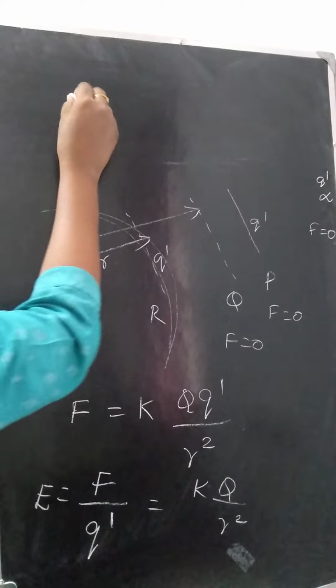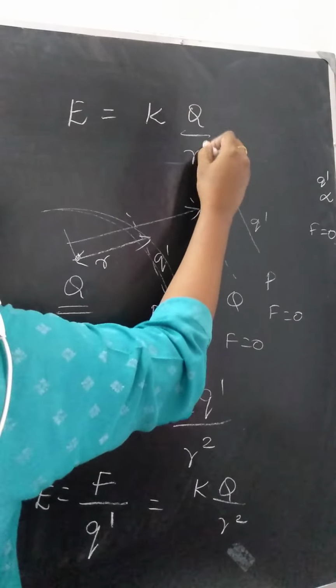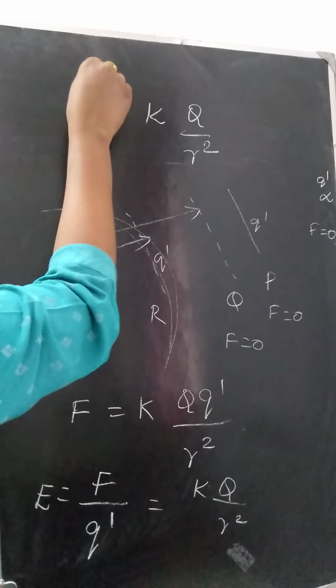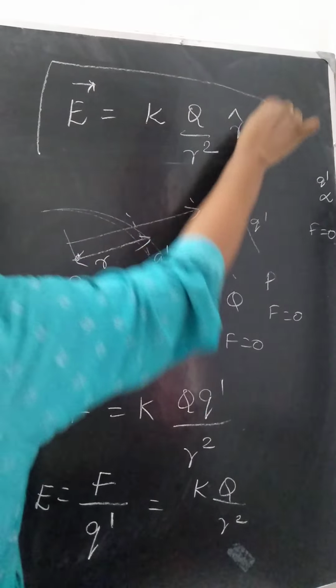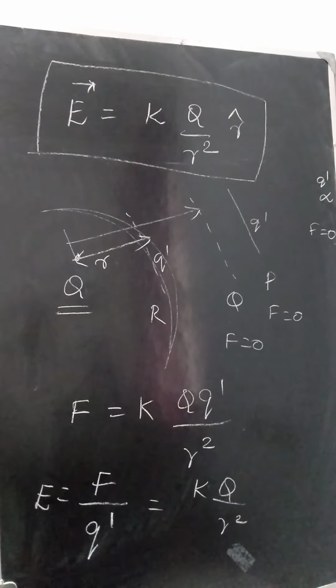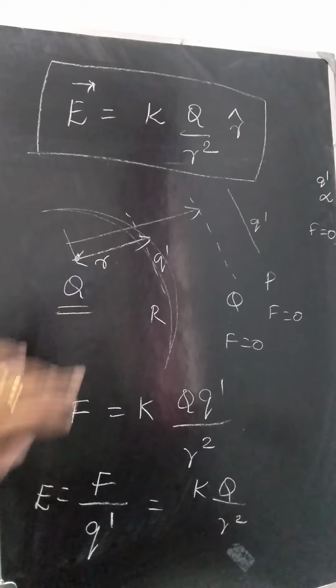Electric field is given by capital E is equal to K into Q divided by r square. In terms of vector, you can write r cap. R cap is the unit vector. Okay, just copy it. Is this concept clear? What is electric field?